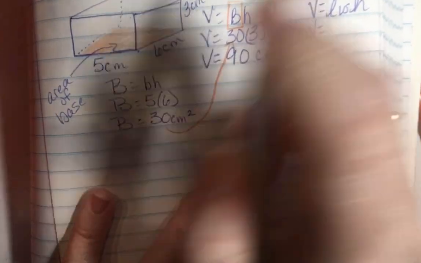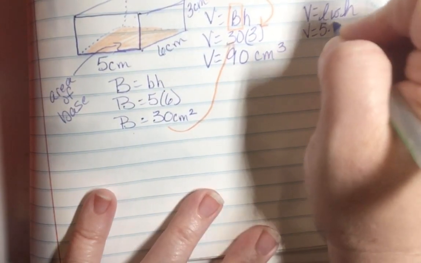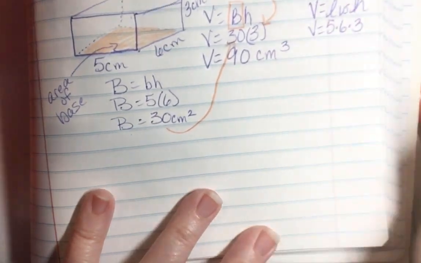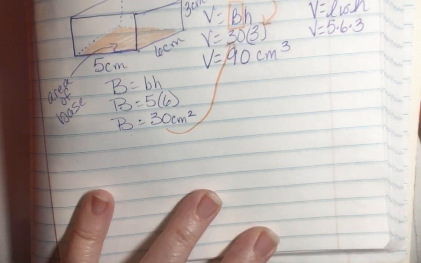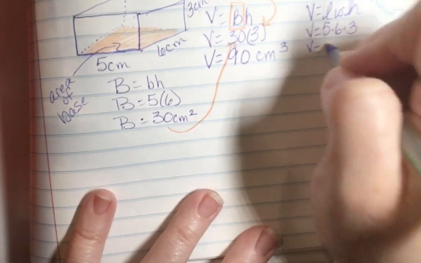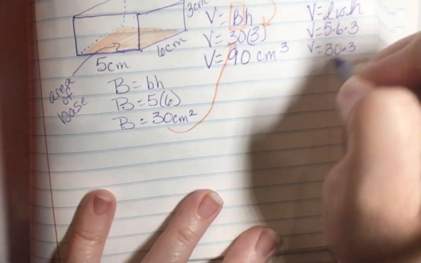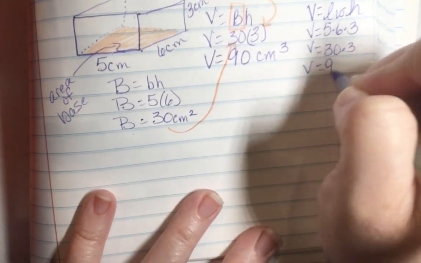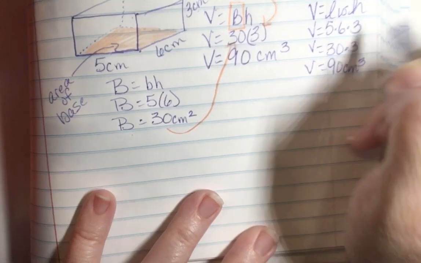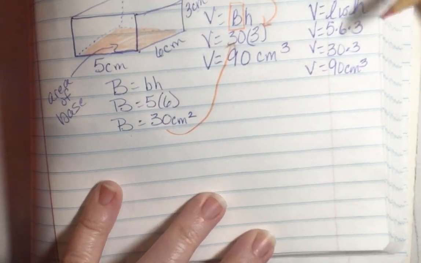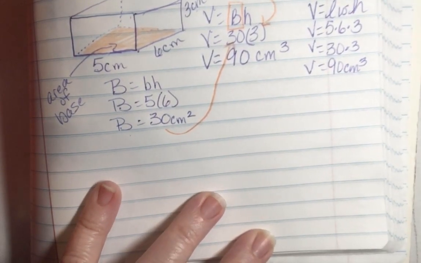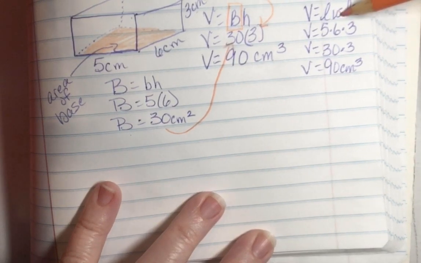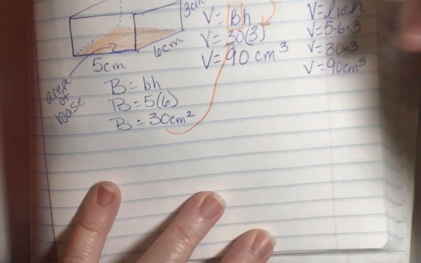Length is 5, width is 6, so 5 times 6 times 3. 5 times 6 is 30, and 30 times 3 is 90 centimeters cubed. So this formula that you learned in 4th grade and 5th grade still works perfectly. Okay, it still works perfectly.